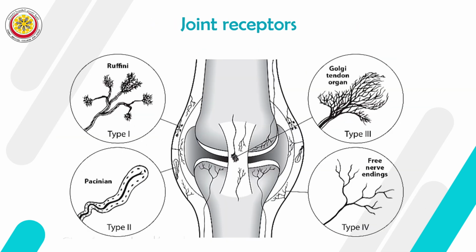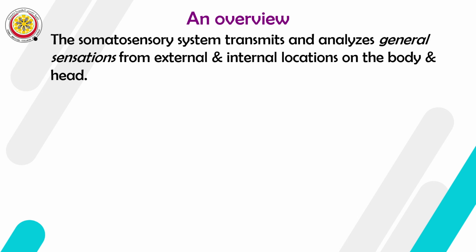Now, these are the 4 types of joint receptors. They are similar to the ones in the skin, the Ruffini, the Pacinian, and the Golgi tendon, and the type 4, which is the free nerve. Similar, but they are specialized joint receptors. One of them is for pain, the others are for proprioception. Now, these are the receptors.